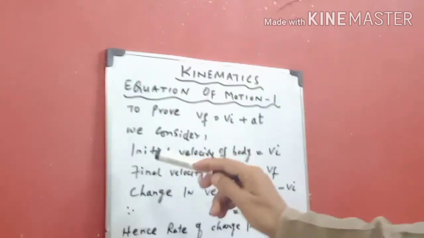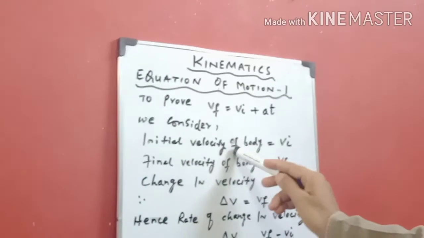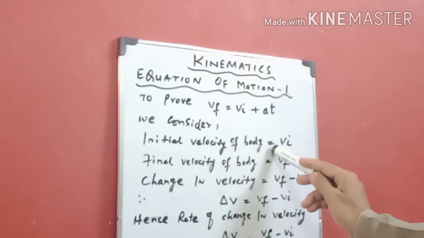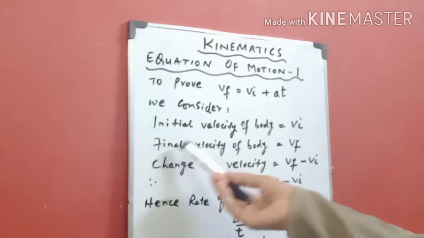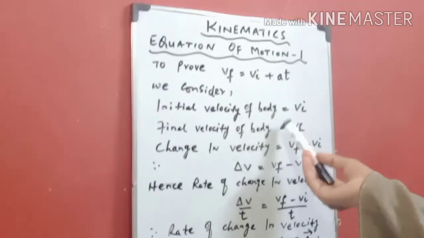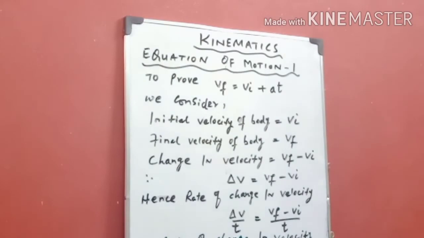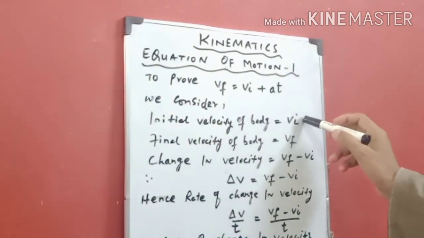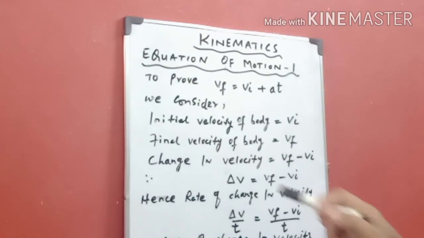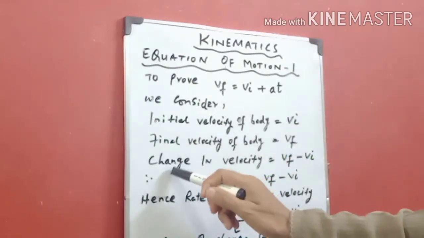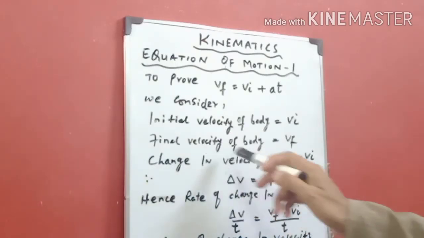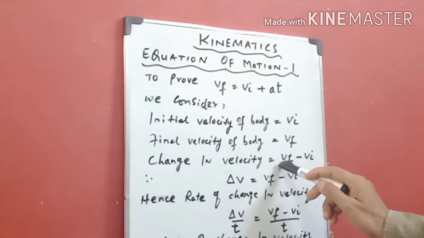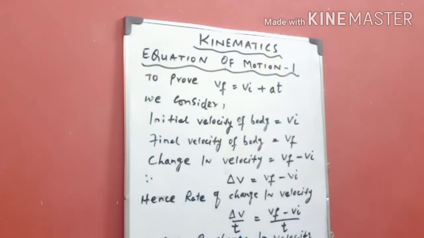We consider the initial velocity of the body is equal to Vi, and the final velocity of the body is Vf. If we subtract the initial velocity from the final velocity, we obtain the change in velocity, which means Vf minus Vi.